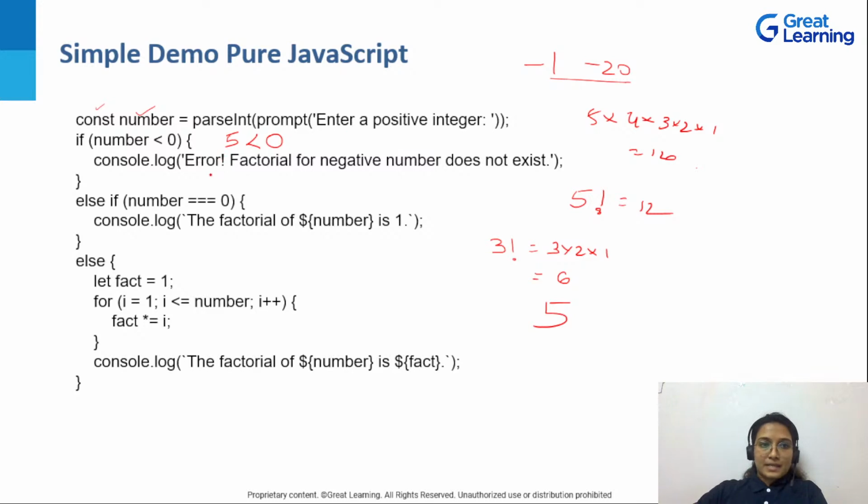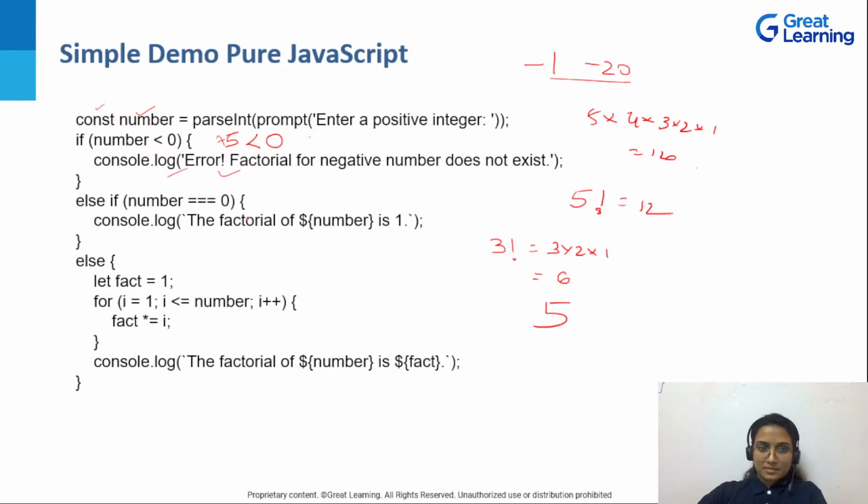If it is positive, 5 is positive, it will not throw an error. Say for example this was -5, immediately it will show an error: factorial for a negative number does not exist, right? For a negative number, we cannot do factorial. So put a positive number.